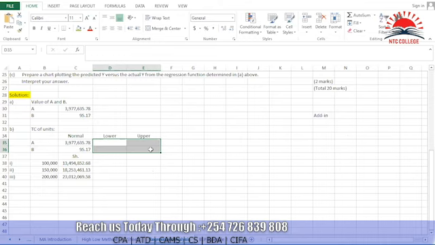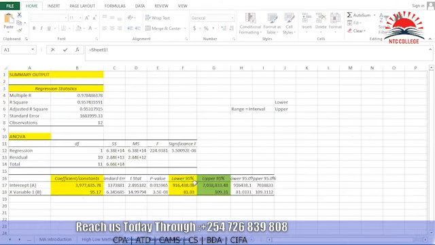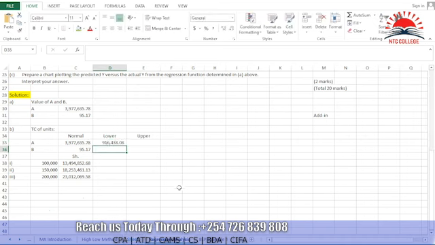So let's copy A and B for the lower boundary here, and also copy A and B for the upper boundary here. For the lower boundary, the value of A I copy from this other sheet, 916. And once I have that, I can now have the others. All right, so that's what we have.